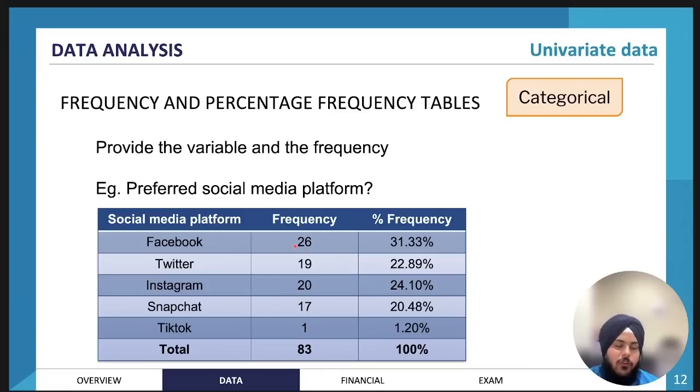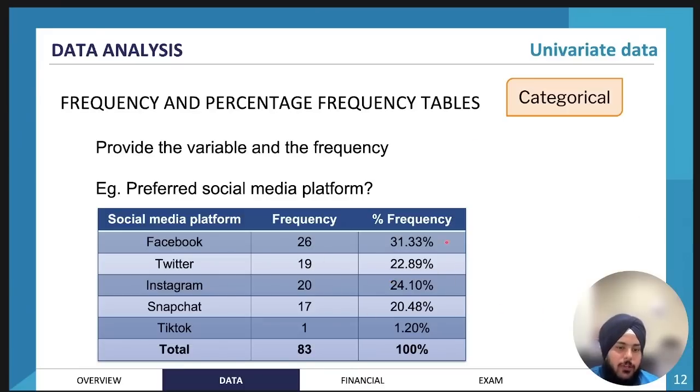And then we can convert this into a percentage frequency, which makes the data even easier to interpret. The total percentage frequency is obviously going to be 100% because that represents the entire data set. And then the percentage is just how many people in that 100% have that preferred social media platform.